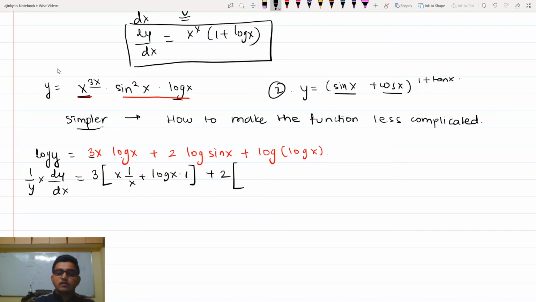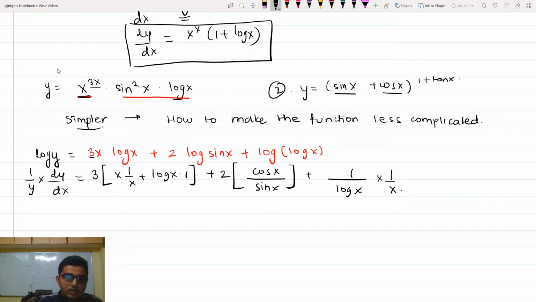So differentiation of log of f of x is 1 upon f of x, which is 1 upon sine x, and then differentiation of sine x will be cos of x. It is nothing but the chain rule. Then again we have 1 upon log of x times 1 upon x. Now watch carefully what the cancellations are. So we have this cancelled, so we have 1 plus log x, so we have 3 times 1 plus log x.